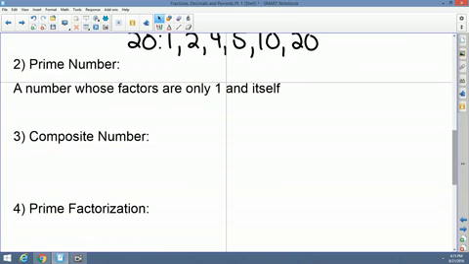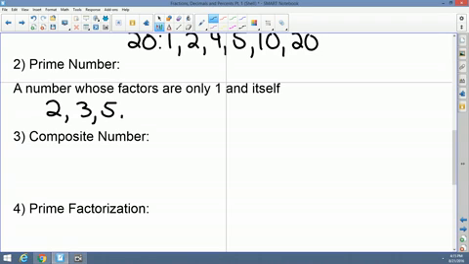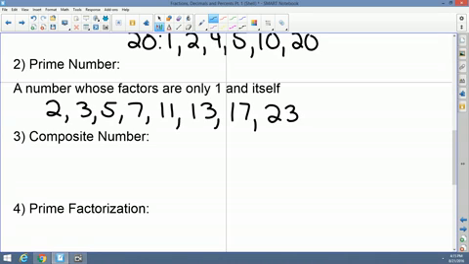So prime numbers would include the only even number 2, 3, 5, 7, 11, 13, 17, 23, etc. I can keep going forever and ever. There's a lot of prime numbers. But prime numbers are numbers whose factors are only 1 and itself. There are no other factors of that number besides 1 and itself.